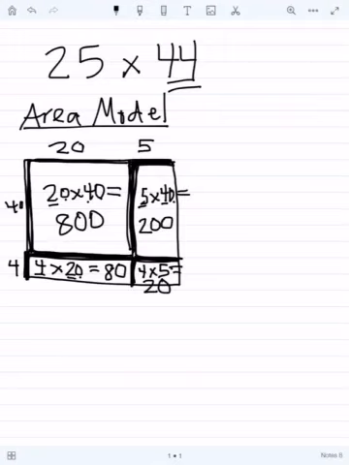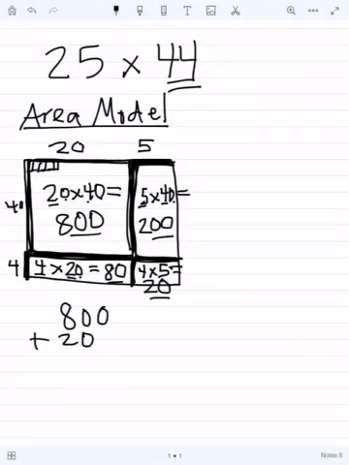So now to get the total amount of little squares that would exist inside here, remember we talked about that, if you were to draw those tiny little squares, it would take forever. So this is a nice model to be able to not have to do that. So now I'm going to take all my 4 products and add them together in any order you want.